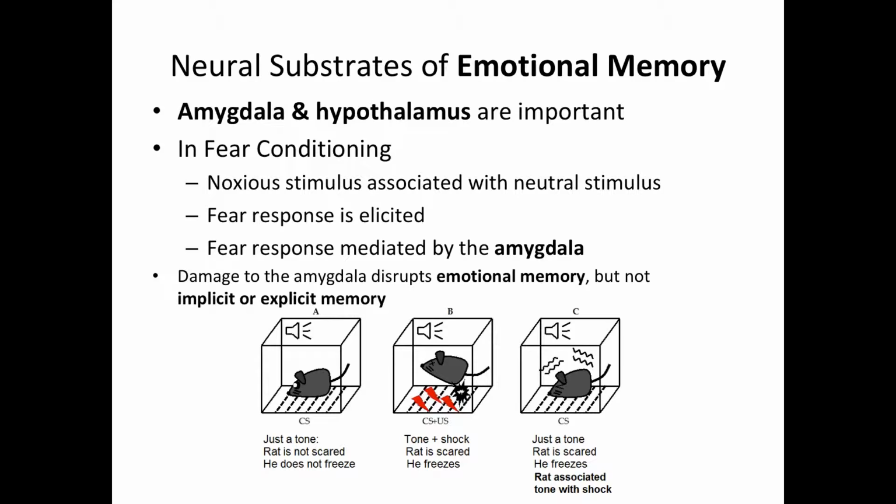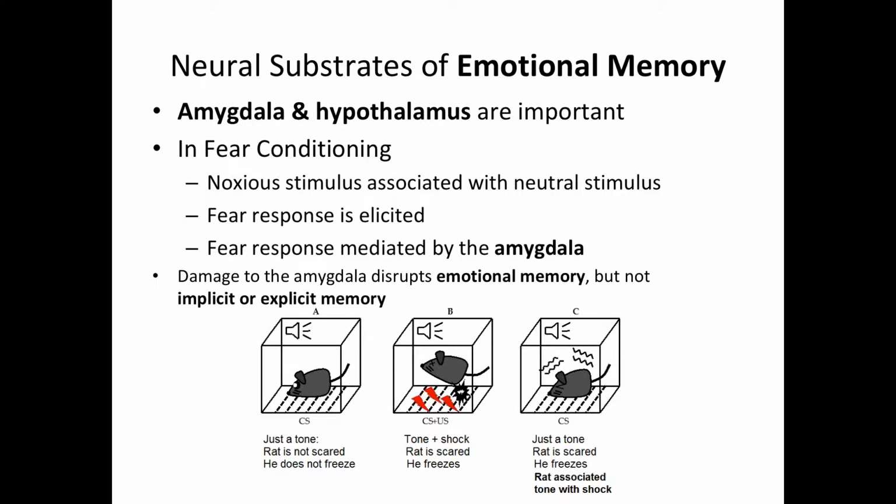So when later the tone is presented without the shock, the animal will still be afraid and act that way, and it will freeze. Normally when rats are afraid, they will just freeze and stand still. So the animal tells us that it has a learned response to associate the tone with a shock.